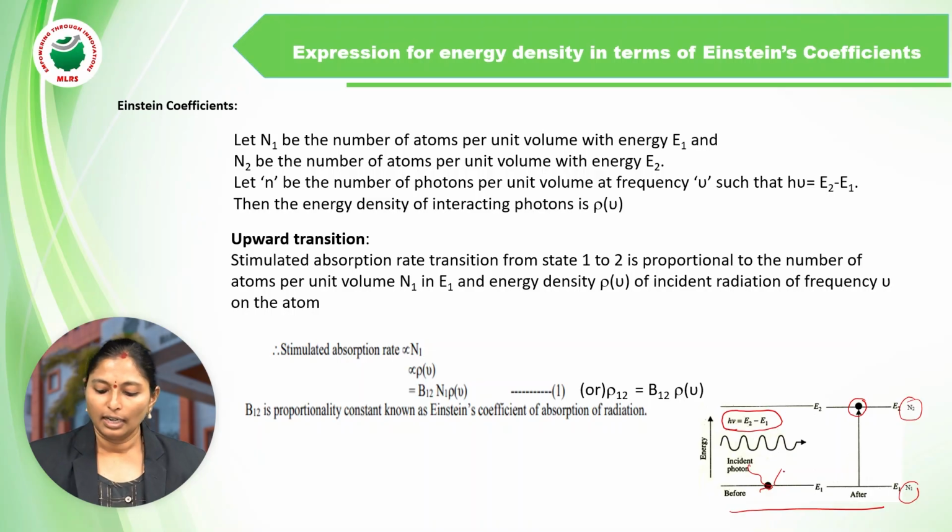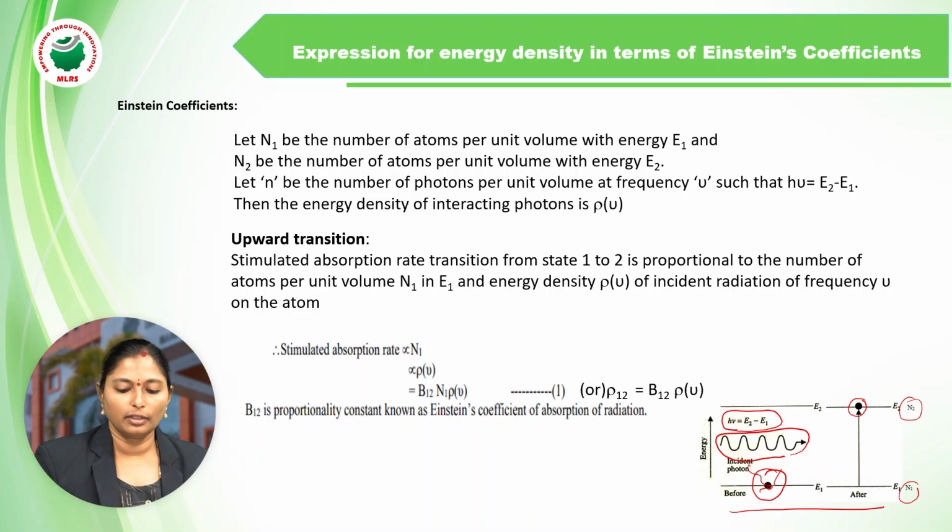Here our light, that is our photon energy, is the wave nature and our atoms are the particle nature. Both together we call quantum processes. So let us go through these Einstein coefficients one by one.